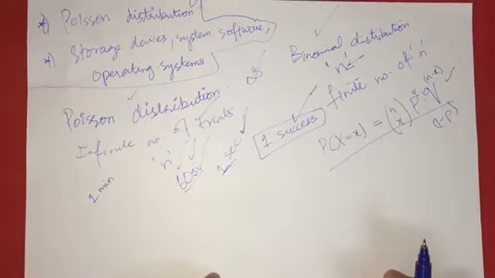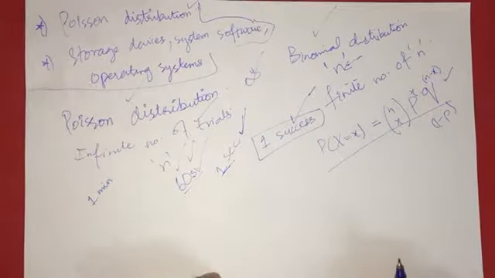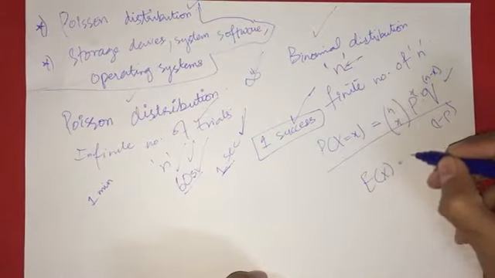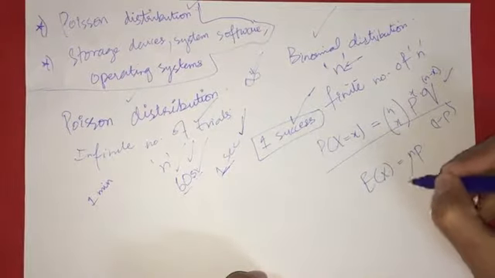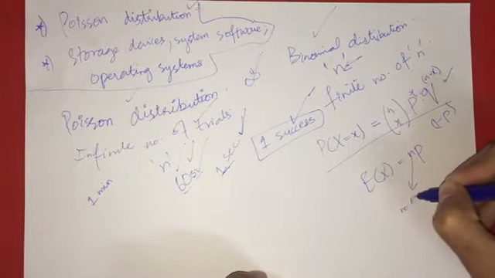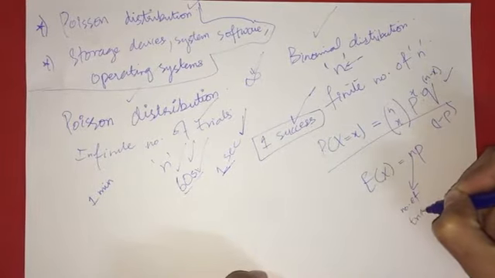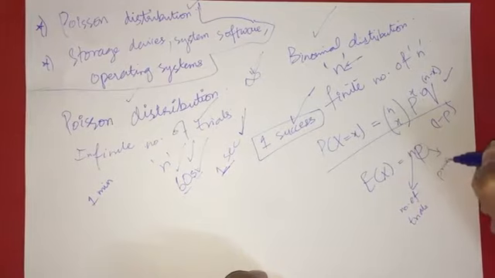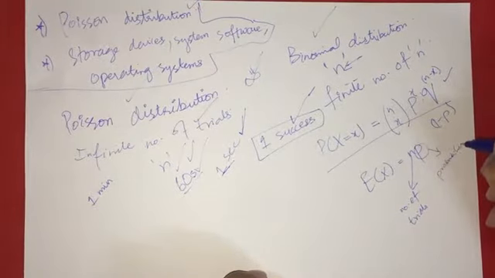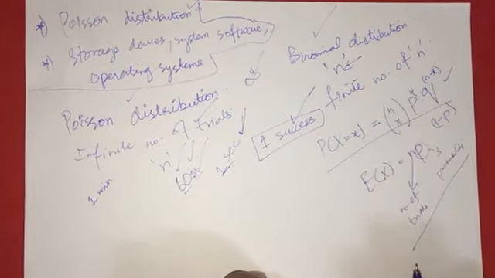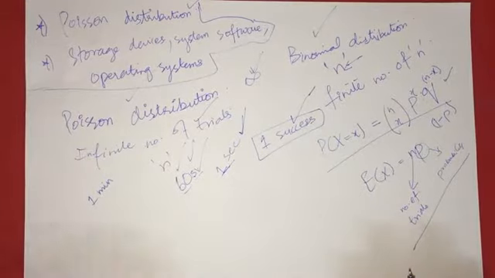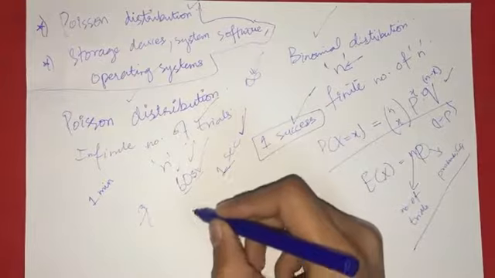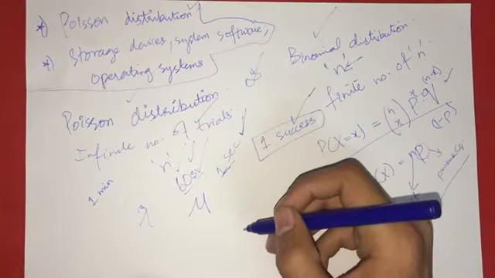And the mean or the expectation of the binomial distribution is the expectation of x equals np, where n is the total number of trials, and p is the probability of success of each trial. So this is the mean, and the mean of Poisson distribution can be calculated as lambda, or you can say mu. Mu will be more appropriate for now.